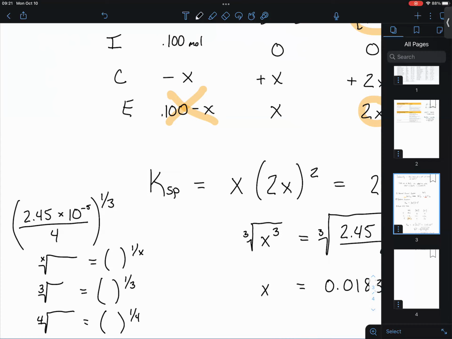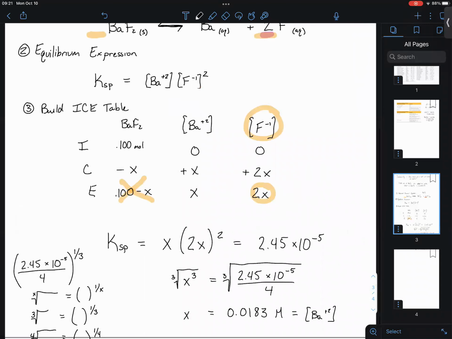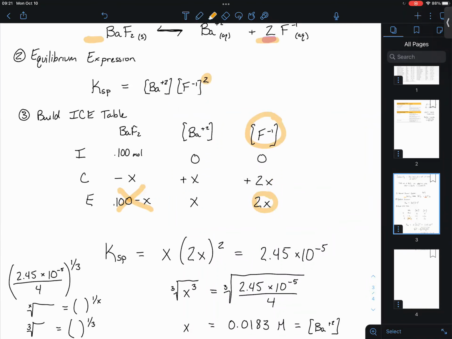Depending on your calculator, I know that this works a lot more often. Some calculators don't have this button. I know Excel, which is what I use as my calculator, doesn't, and so I have to raise something to the power of 1 over x, and that's how I do it. It will be fairly important for this particular section because, as we saw in this one, we have these exponents up here, and we're going to see that a lot.